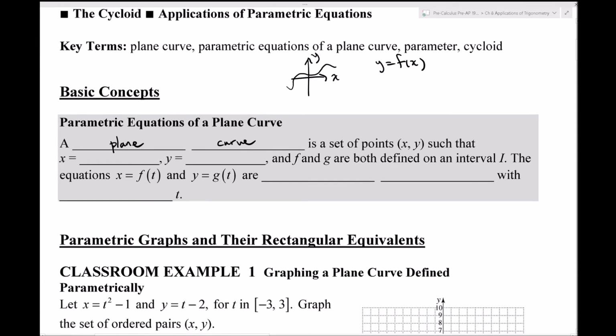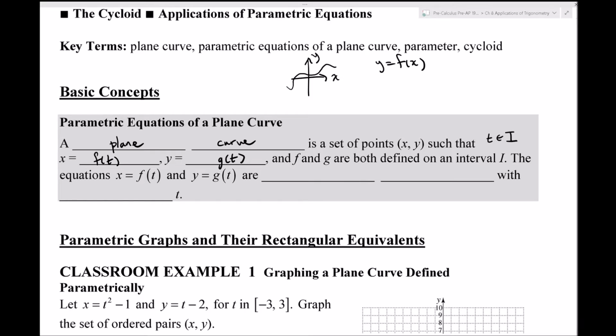So a plane curve is a set of points x and y such that x is equal to some function, x of t, and y is equal to some function, and they're using f and g instead of x and y. So f of t, so it's a function, and then g of t because we have a second function. And f and g are both defined in an interval I. So I is an interval on the number line, and t is the number line variable, so t is in I. So I is an interval for time, or t.